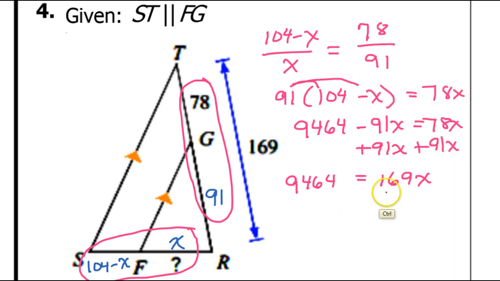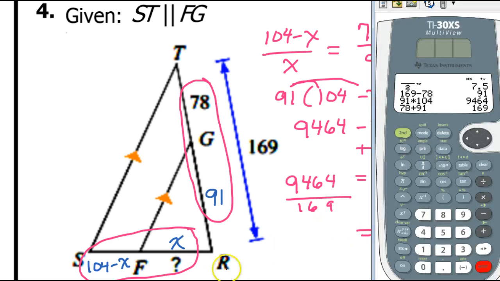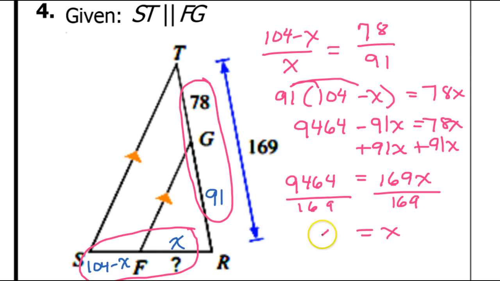Okay, so now I need to divide both sides by 169. So I need to take 9,464 and divide by 169. 56. I'm really surprised that came out so evenly. So I found that x is equal to 56.